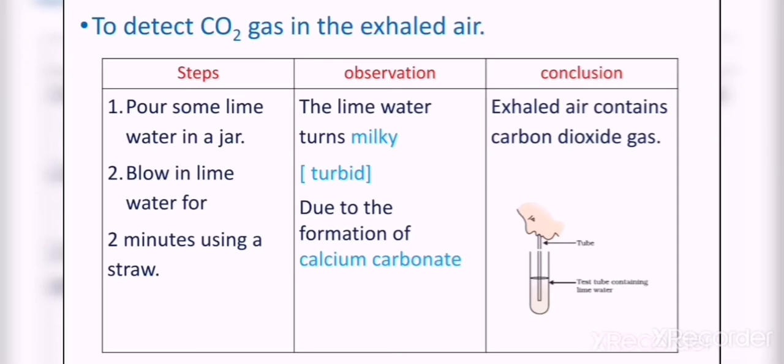So this means that the exhaled air contains carbon dioxide gas, because the carbon dioxide gas reacts with the lime water to produce calcium carbonate, which is white matter. So, to detect the carbon dioxide gas in the exhaled air, we use the lime water, because it will turn milky due to the formation of calcium carbonate.